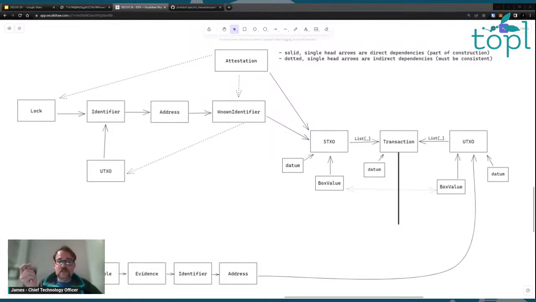And it can be wrapped in an address, and so an address locates the identifier. And then the known identifier is where you reveal what the fact is. It's how you tie the UTXO and the STXO together. It's how you actually provide that reference.